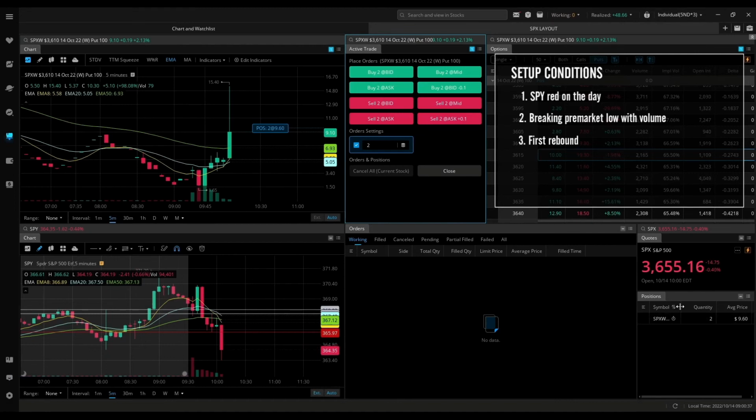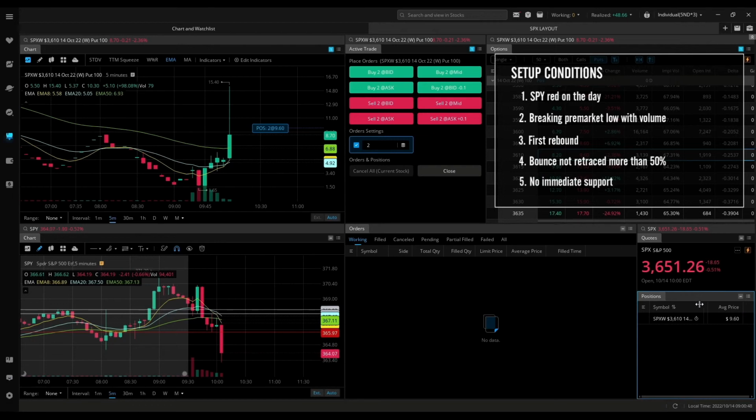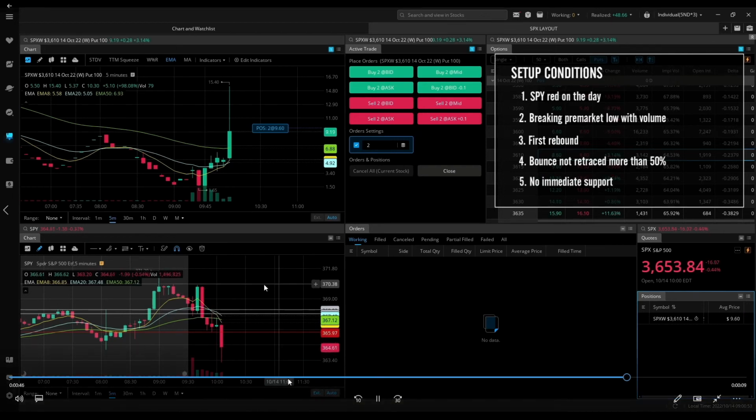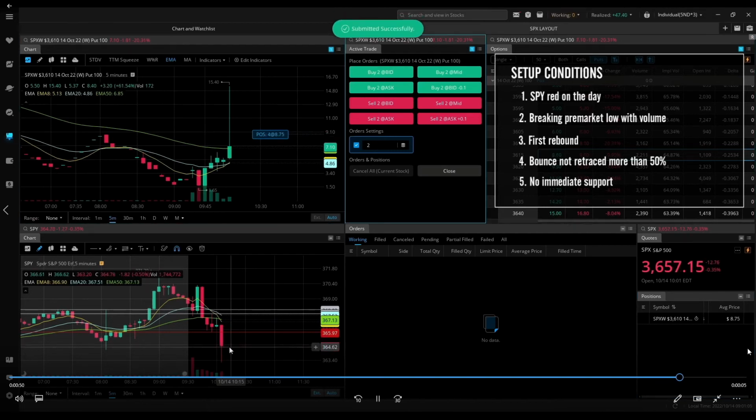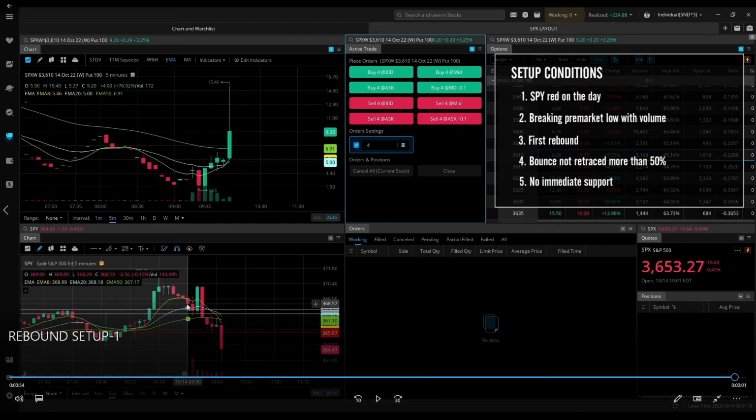I got in. The rebound or bounce did not retrace more than 50%. Now in this example, I think I got 2 adds. No immediate support, that's the next condition. I added twice, so this is the ideal setup. Sold and booked the profits of around $224.